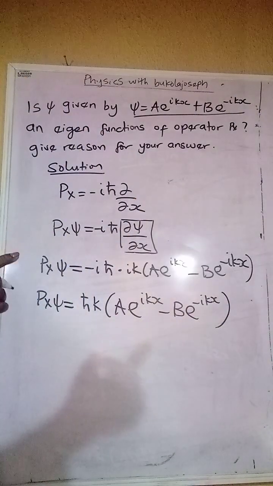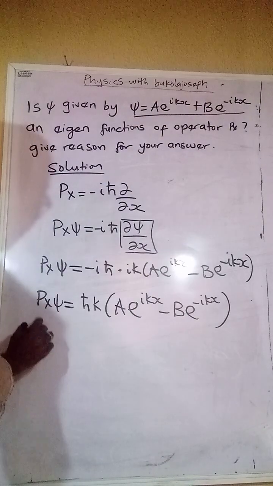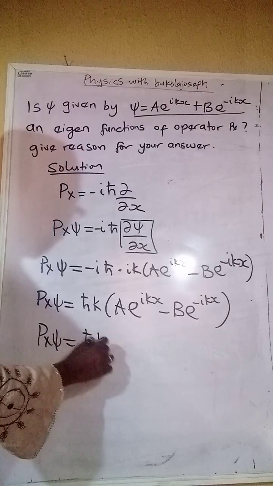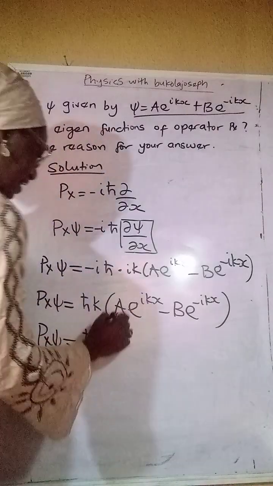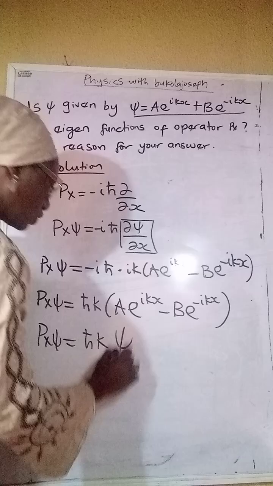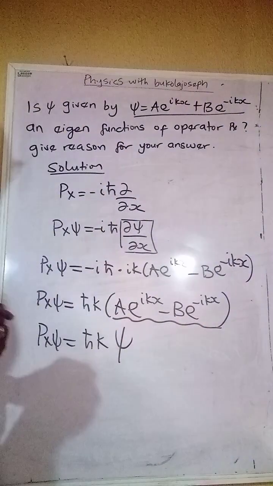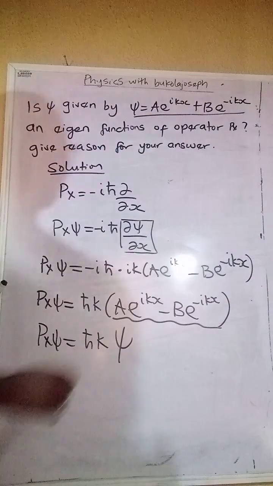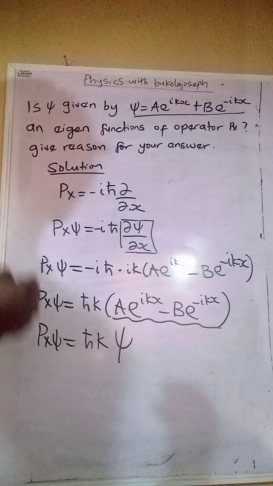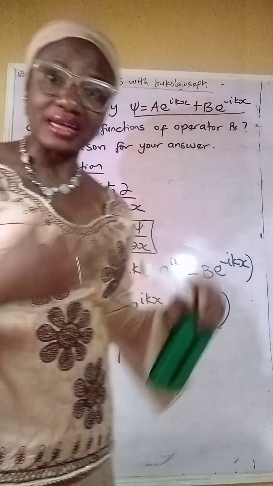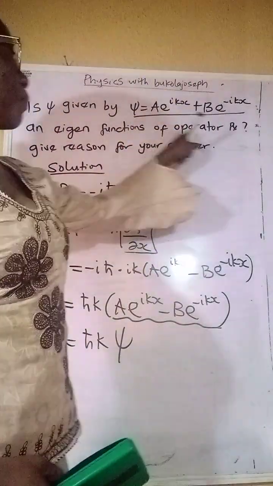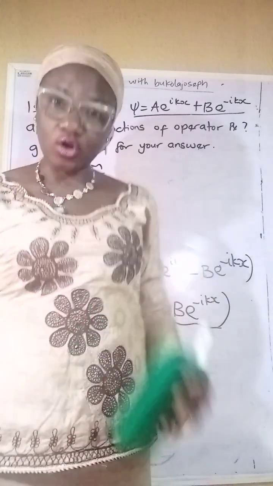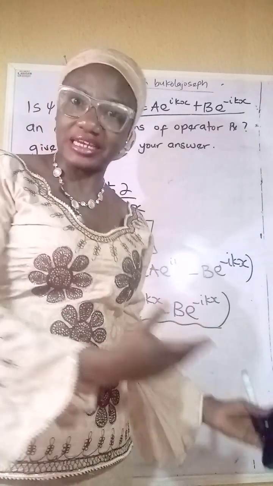But remember, this is what we have now: px psi equals hk times this, which is not psi. Look at the sign: this one is negative and this is positive. So for psi to be an eigenfunction of the operator px, the psi on the right hand side must be equal to the psi on the left hand side.